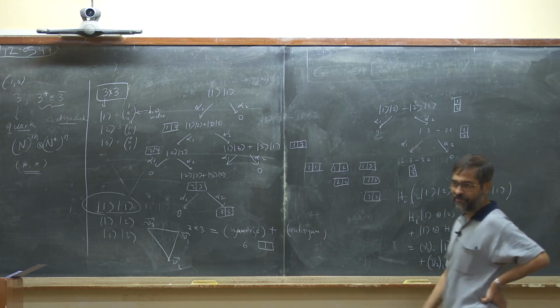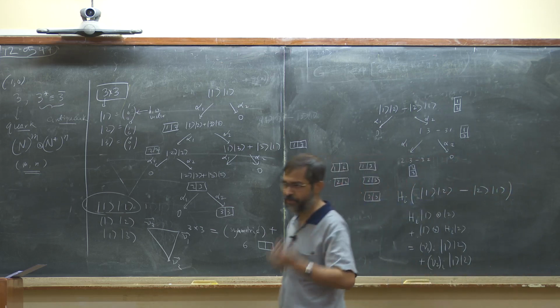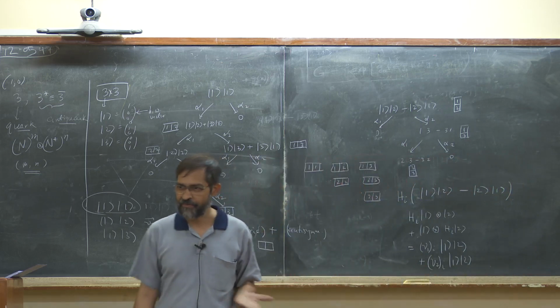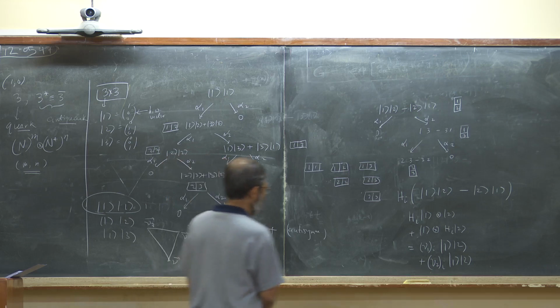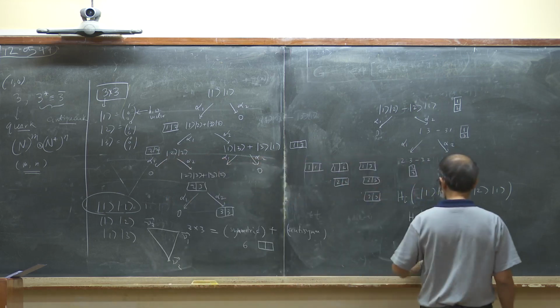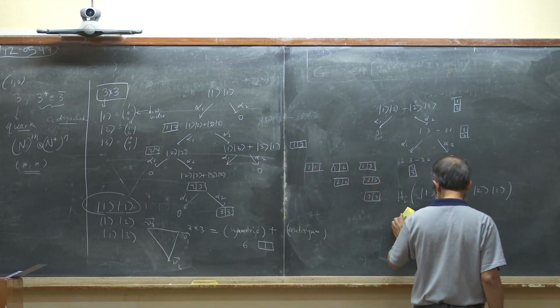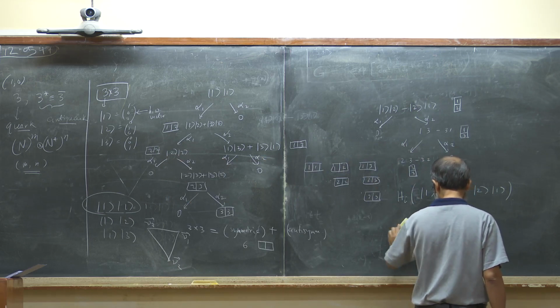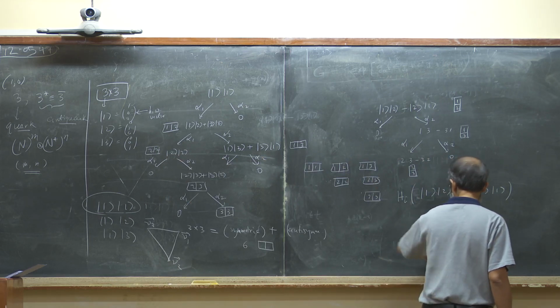If you have an eigenvector, multiply this by minus 1, 3000, whatever it is, it remains an eigenvector with the same eigenvalue. So, therefore, the eigenvalue of this is nu 1 plus nu 2.